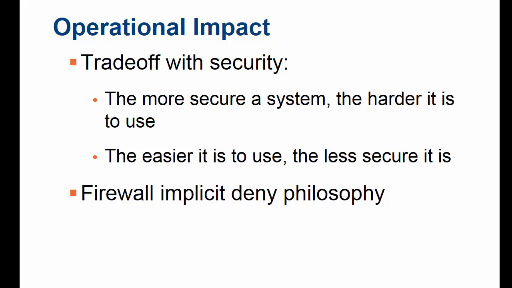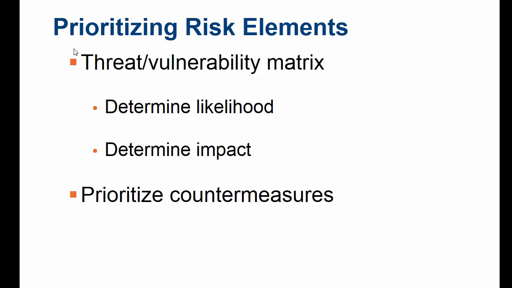The easier it is to use, the less secure it is. So you have to find the happy medium there, and what your management is willing to accept, the risk acceptability. So, the firewall implicit deny philosophy. In other words, you're basically denying everything coming through.